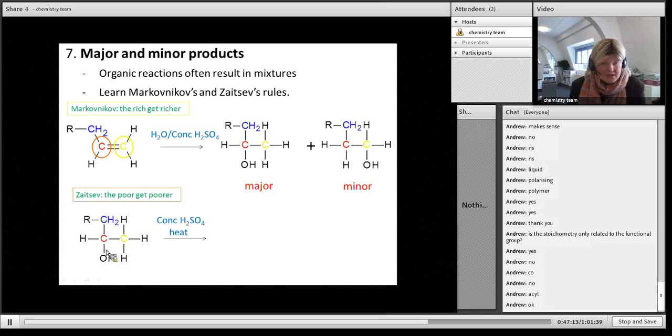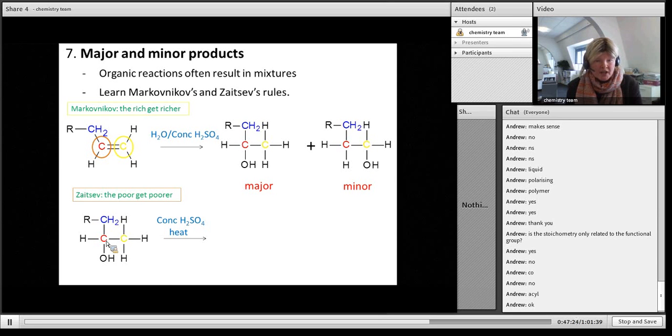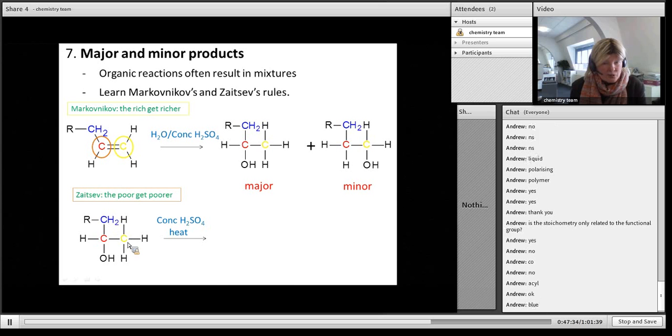So there is my OH. So the red carbon is where it's all going to happen. Now I've got to take from an adjacent carbon atom. So the adjacent one is, if I can just see my cursor, the blue one. So I can either take from this blue one or I can take from the yellow one. Now which one has got the least number of hydrogens, the blue or the yellow?